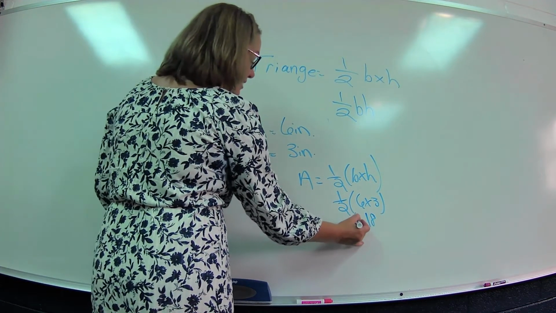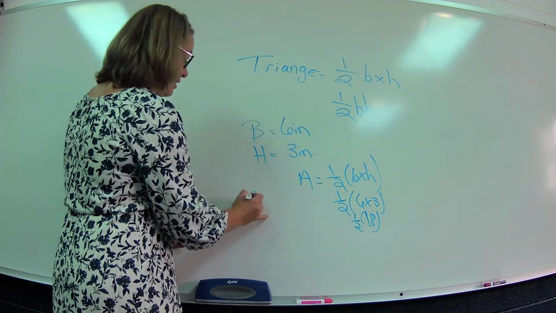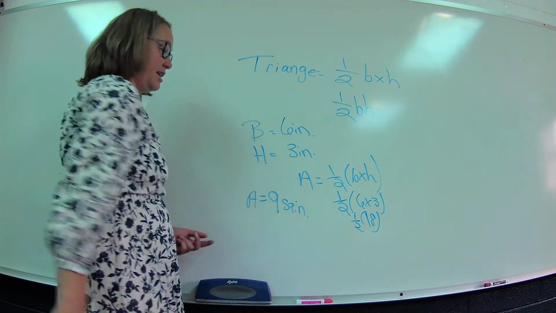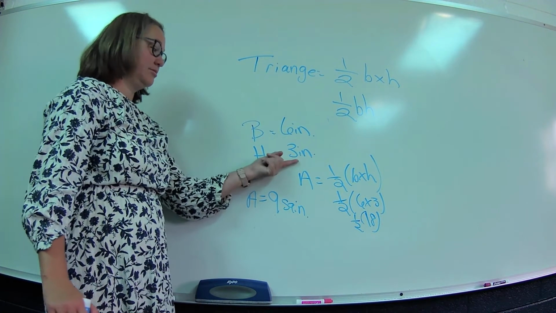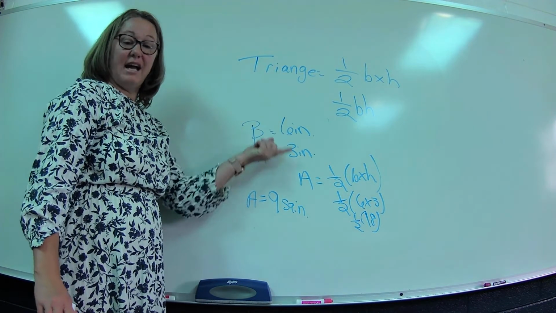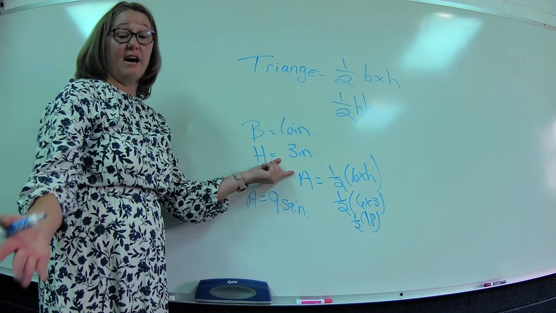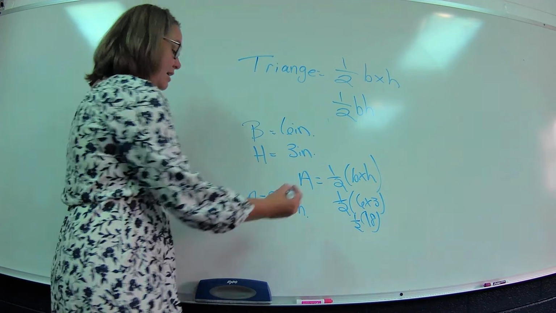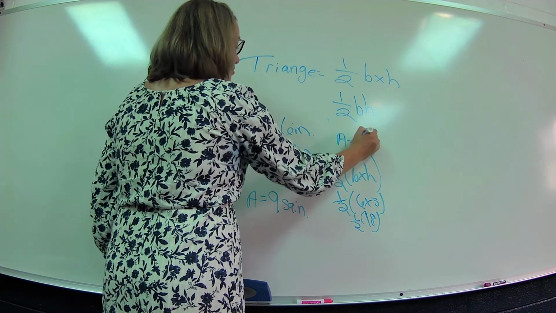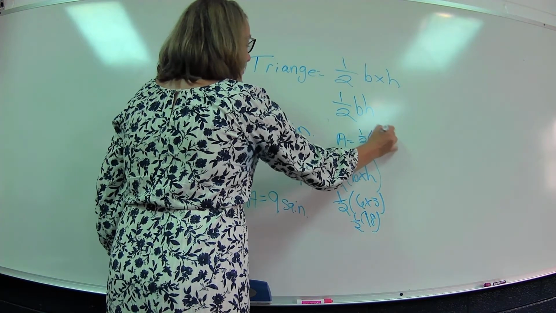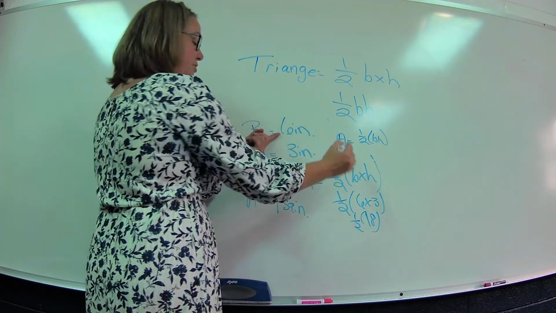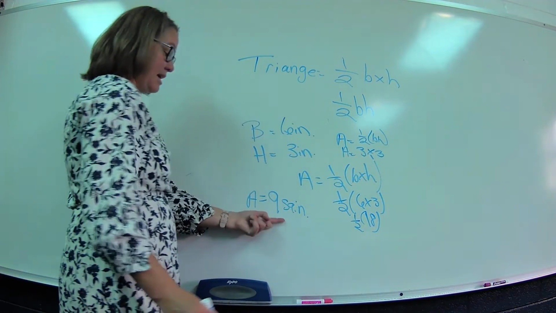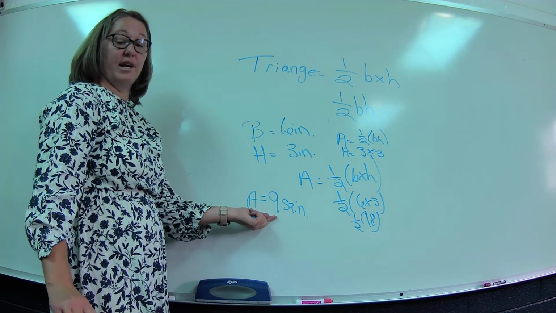Half of 18 would be area equals 9 square inches. Now, remember I can cut 6 in half. I could cut 3 in half, but then I'd get 1.5 and have to multiply with decimals. But half of 6 is 3. So I could do area equals 1/2 base times height, area equals half of 6 is 3 times 3. I'm still going to get 9 square inches.